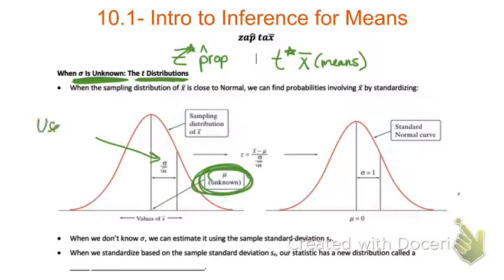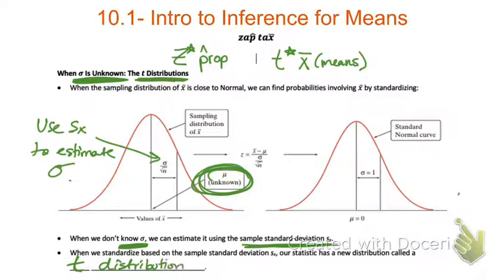Sigma, we are going to estimate using S sub x. So again, because we don't know sigma, we're going to estimate using the sample standard deviation. And because of that, we're going to use something called the T distribution.